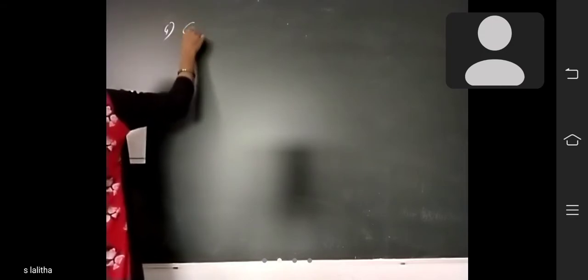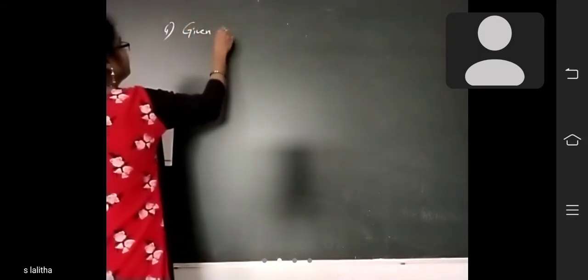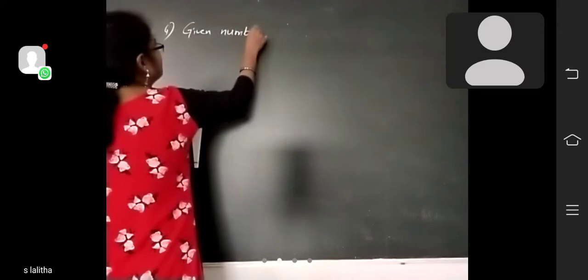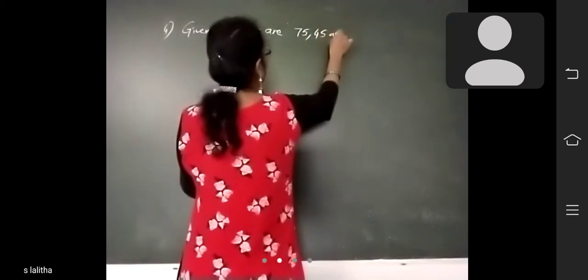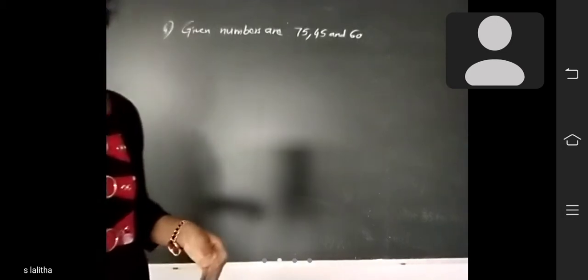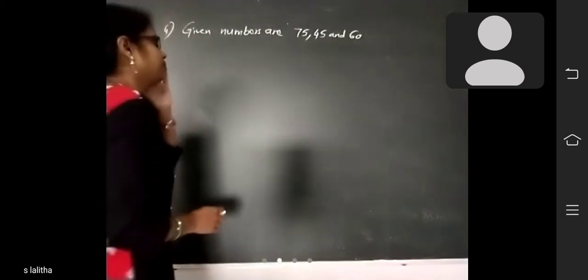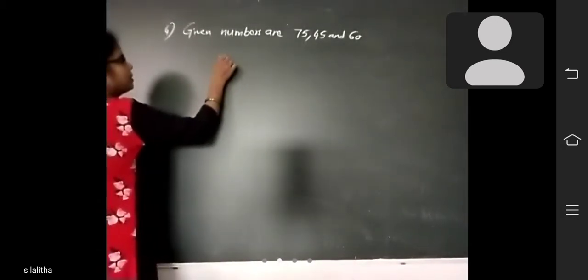So what are the given numbers? Given numbers are 75, 45 and 60. So find the LCM.